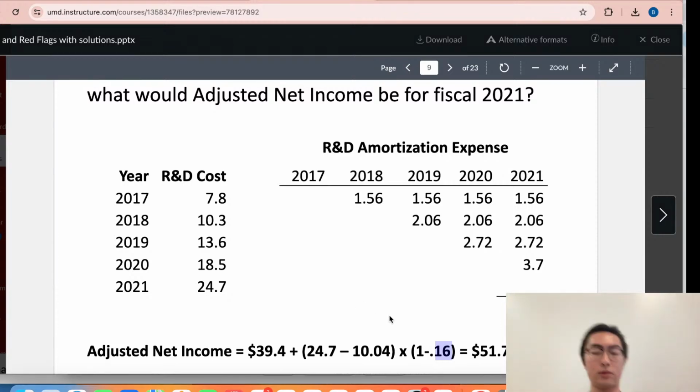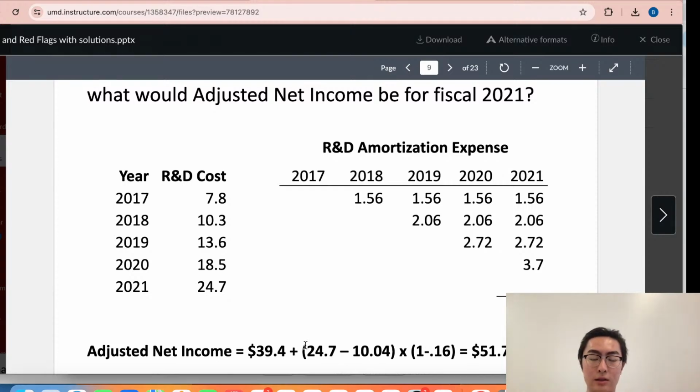So why do we do this, right? Let me think. So this is kind of the difference, aka the benefits. But we have to multiply by 1 minus the tax rate.